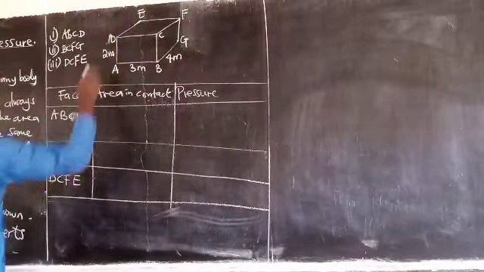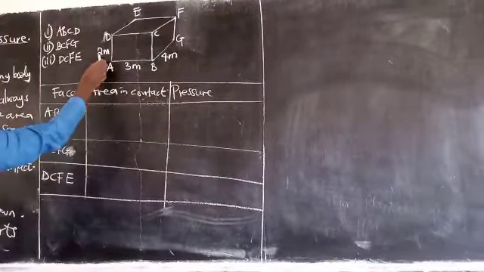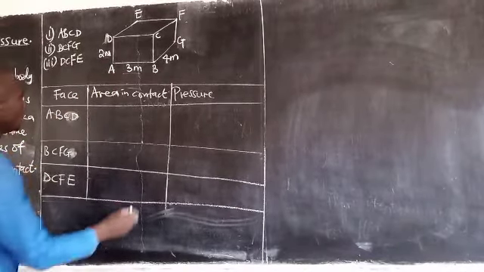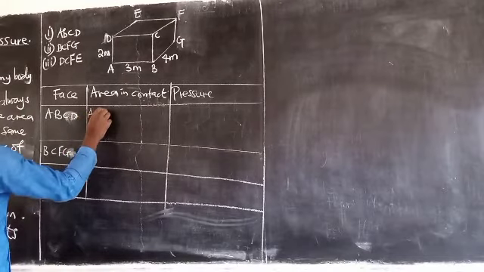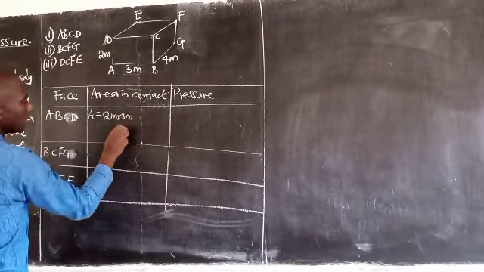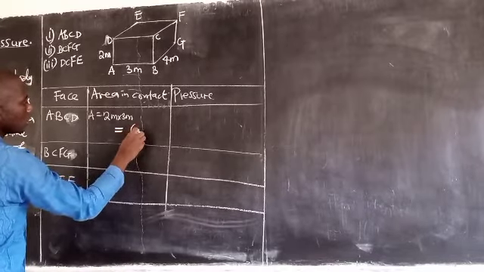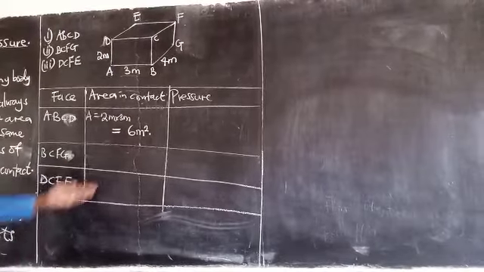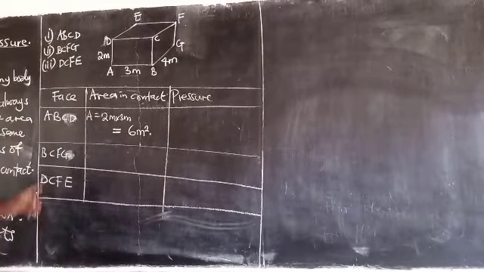This is a rectangle, so the area is 2 meters times 3 meters. Remember the area of a rectangle. So the area equals 2 meters times 3 meters, and this gives us 6 meters squared. We can first calculate all the areas.